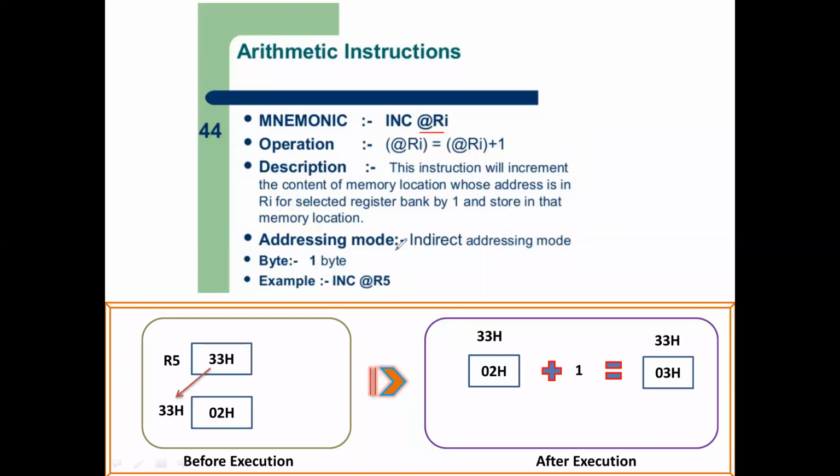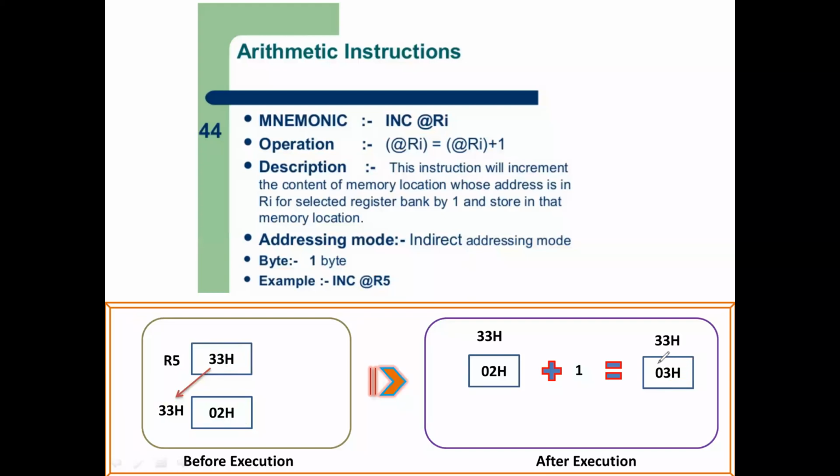At Ri. Let us take at R5. In R5, let us assume the address is 33H. At 33H, I have the data 2. So 2 is incremented by 1. The result is 3. Where is this result stored?